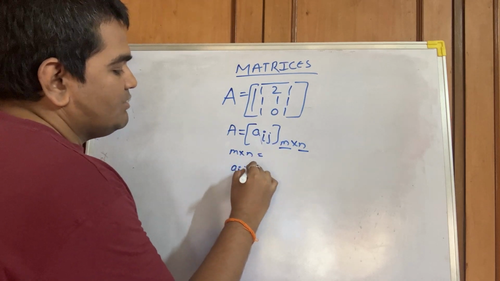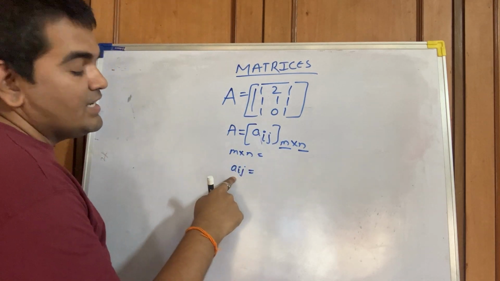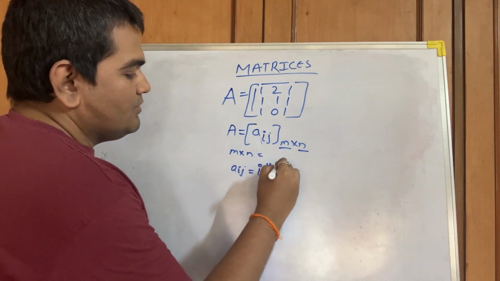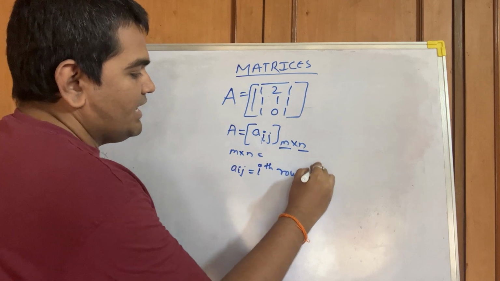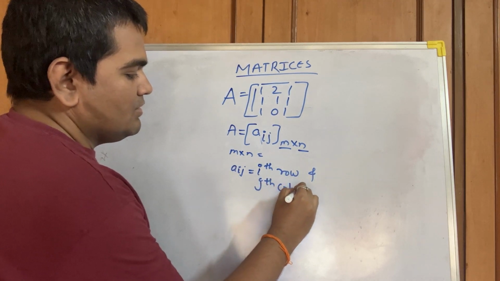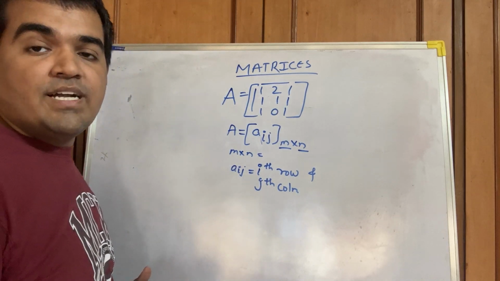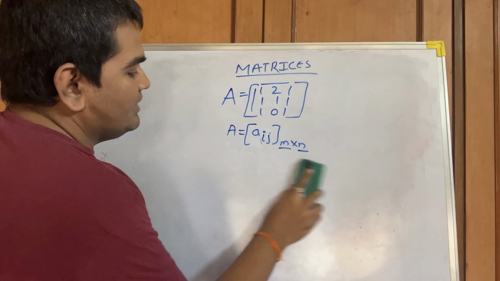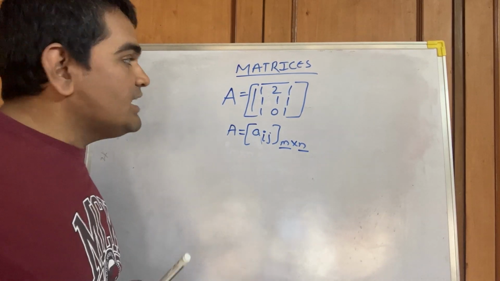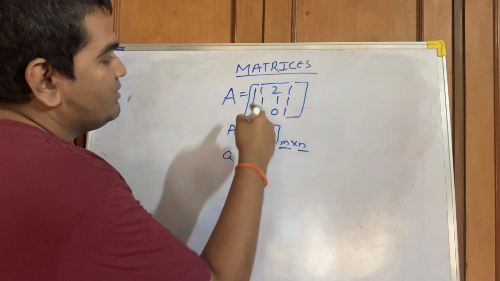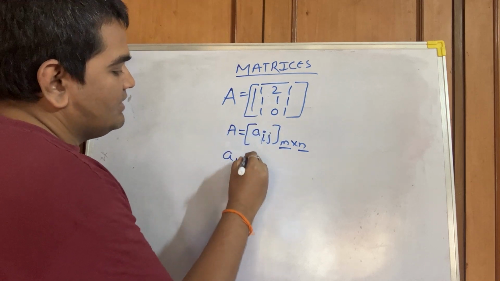a i j is nothing but the element in the ith row and jth column. For example, from the above matrix, suppose I want the element A11.